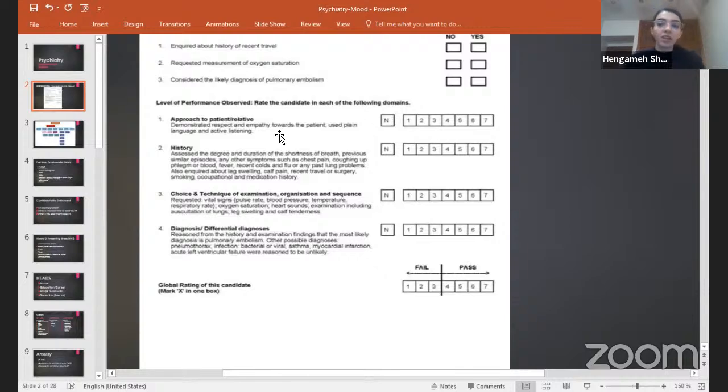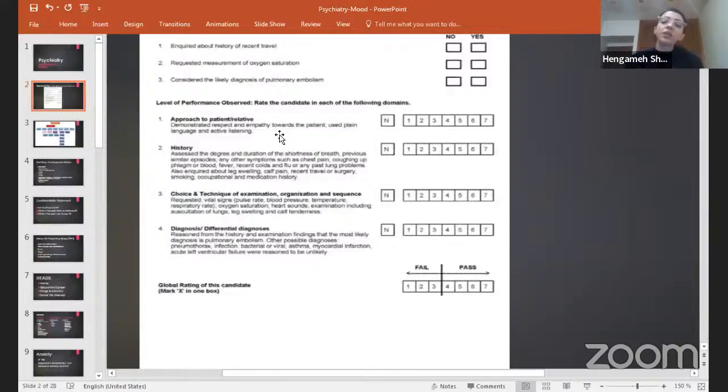Another hidden part of the approach domain is when we address the patient's concerns and problems. It means that if the patient is having pain, we need to address it. If we're in a GP setting and we have to refer a patient to the hospital, getting a good approach means asking the patient, do you have someone to pick you up?